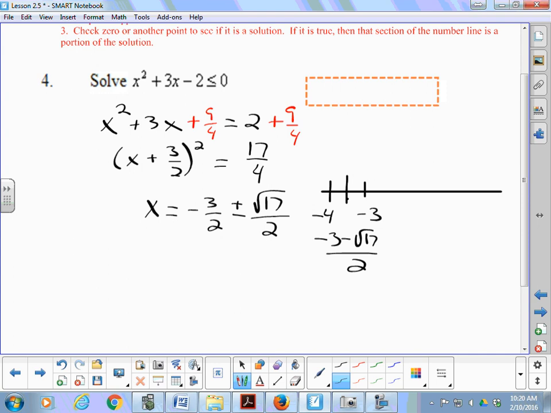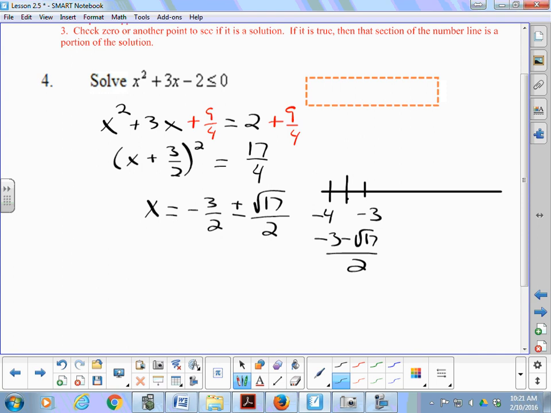All right, okay. The other end, -3 plus a number a little bit bigger than 4 is a little bit more than 1. Okay? And 1 divided by 2 is 1/2. So we need to be between 0 and 1. Okay?